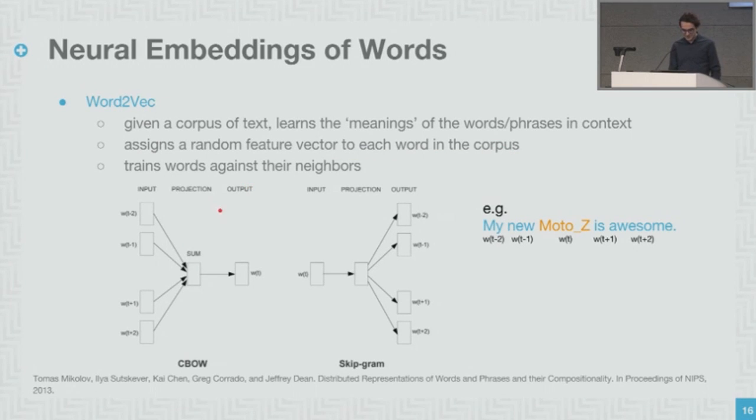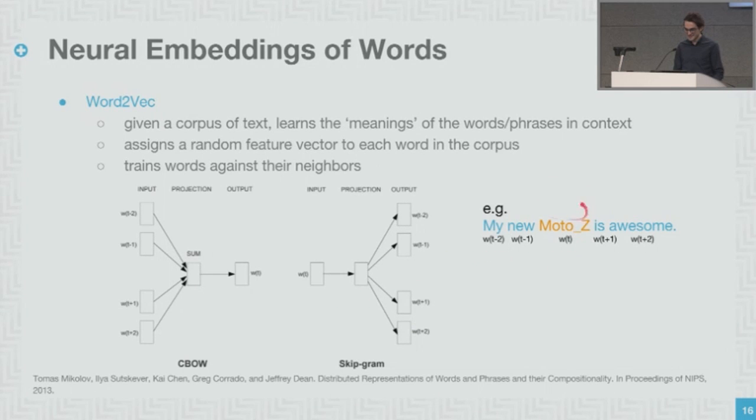There are two different architectures. One of them is called the continuous bag-of-words architecture. It tries to predict the word by looking at its neighbors. For example, let's say we have a corpus that includes this sentence: "My new Moto Z is awesome." Here, the inputs will be the vectors for my, new, is, and awesome, and the output will be Moto Z. In the skip-gram architecture, it's the opposite.